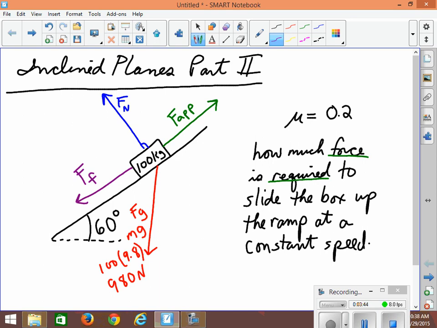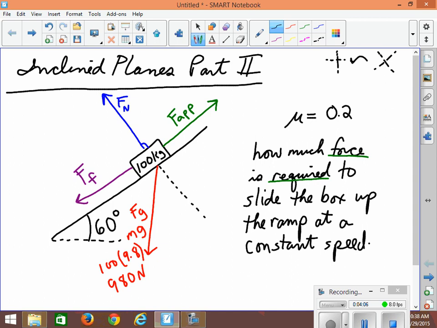Now what we're going to do is take our little trick that we learned. Remember we said if we take our reference frame and we just twist it over a little bit so that it looks like this, it will match the ramp. And the x-axis becomes the surface of the ramp, and the y-axis becomes perpendicular to the ramp.